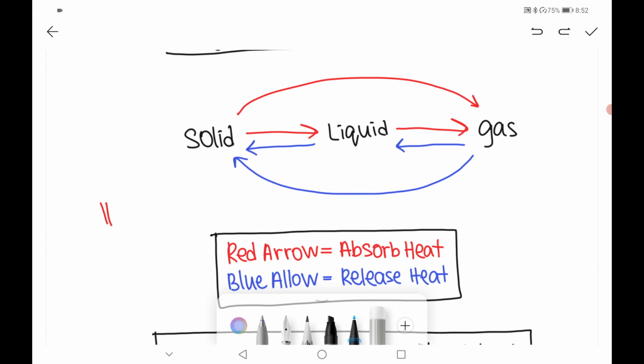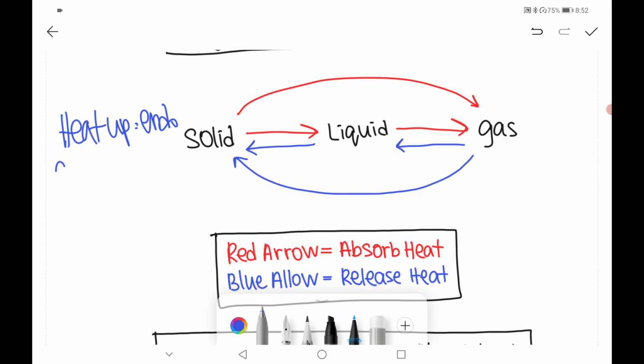Here, this is a very simple idea. How to memorize all these processes? You just need to ask yourself, if in that process you need to heat it, then you know it's endothermic. If in that process you need to cool it down, then you know it is exothermic. I repeat, if you need to heat up, it is endothermic.